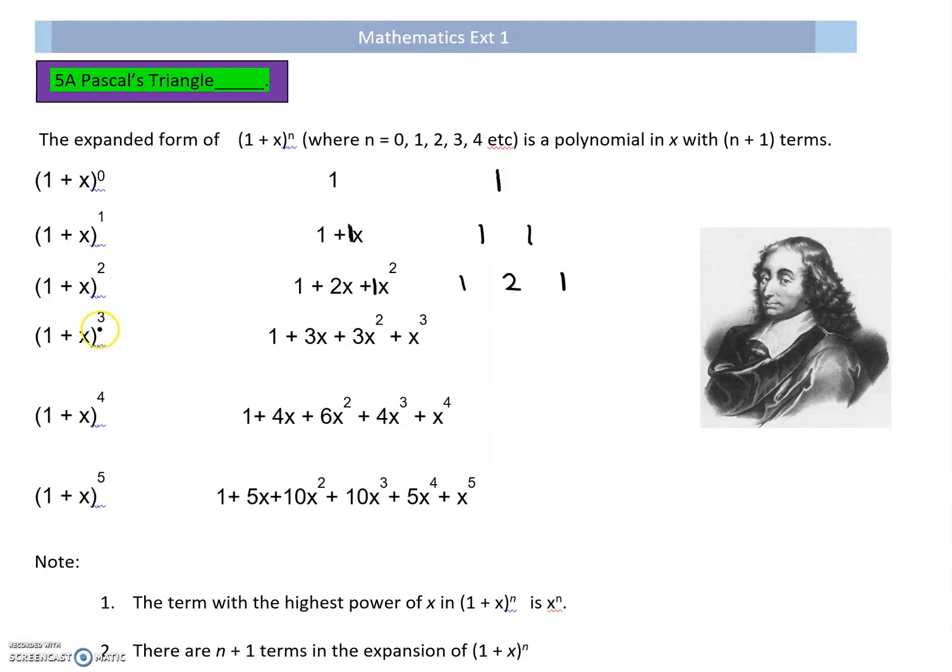On a cubic, you'll just have to take my word for it. I'm not going to spend the time on expanding that, but it expands to 1 plus 3x plus 3x squared plus x cubed. So you can see power 3, but 4 terms. Coefficients now being 1, a 3, a 3, and a 1. You can see we're building Pascal's triangle here.